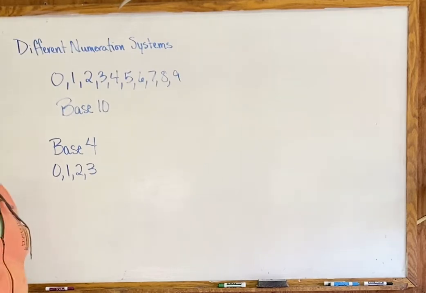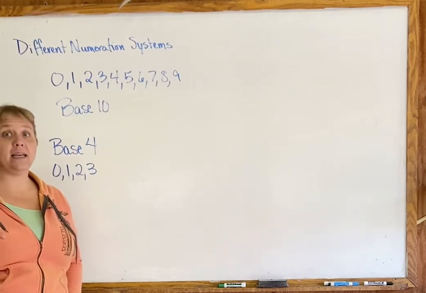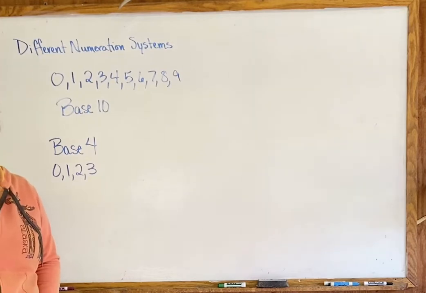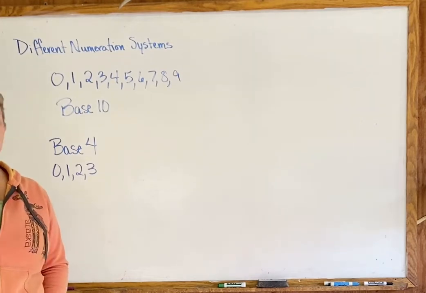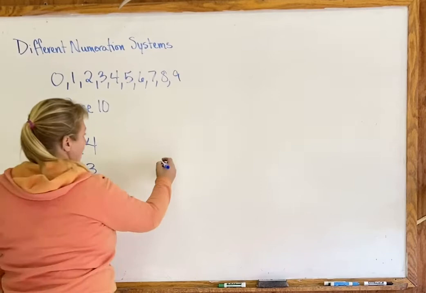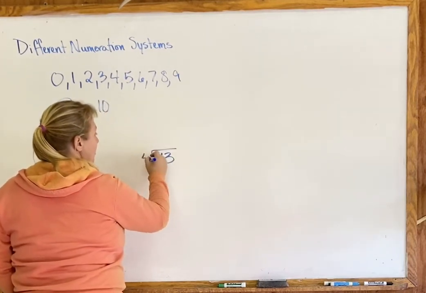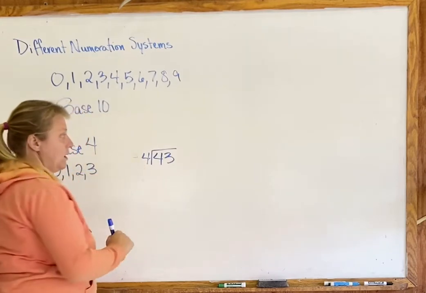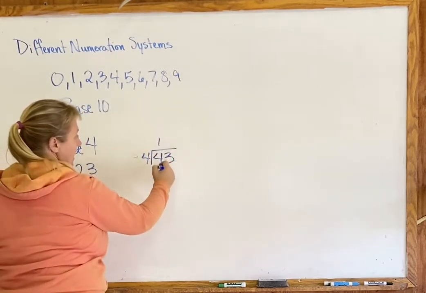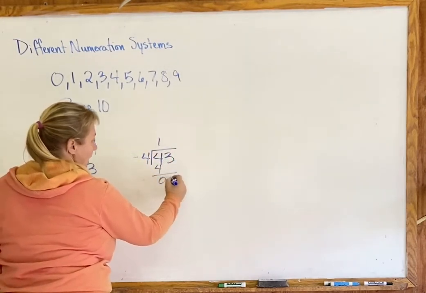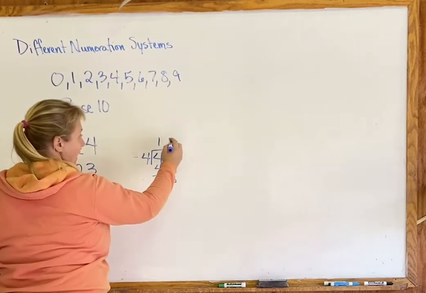Another way to remember base 4 is the idea of division. If you were to divide any number, let's go with 43, by the base, it goes in there one time, leaves us a 4, and then we end up with a 0.